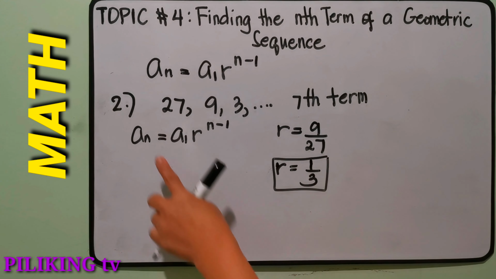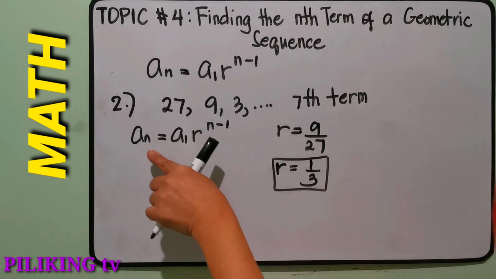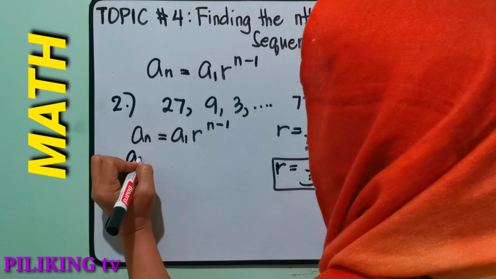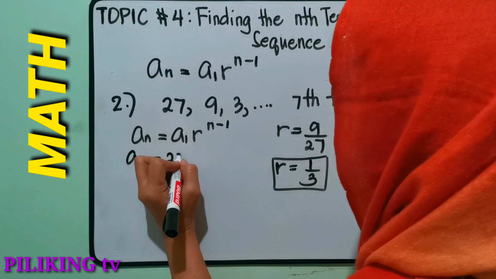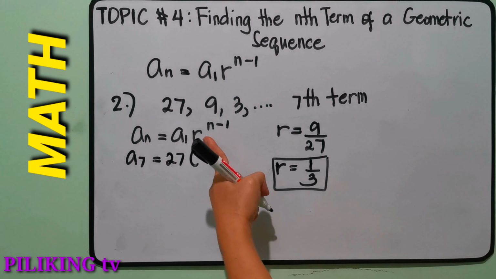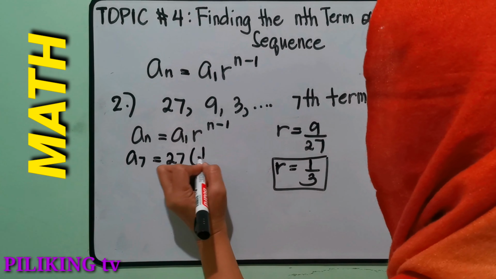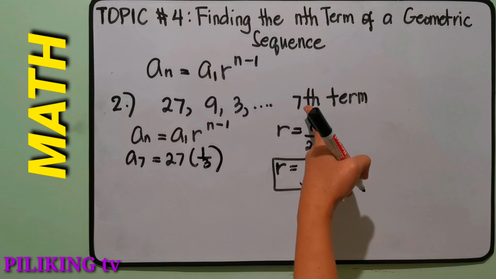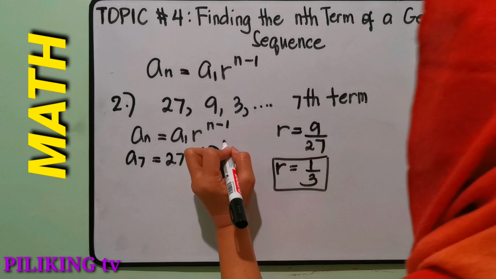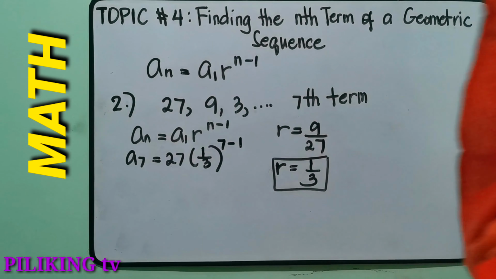Okay, let us now substitute. Since we are looking for the 7th term, we have a sub 7 is equal to the first term, 27, times the common ratio 1/3, raised to n minus 1. So we have the 7th term, 7 minus 1.